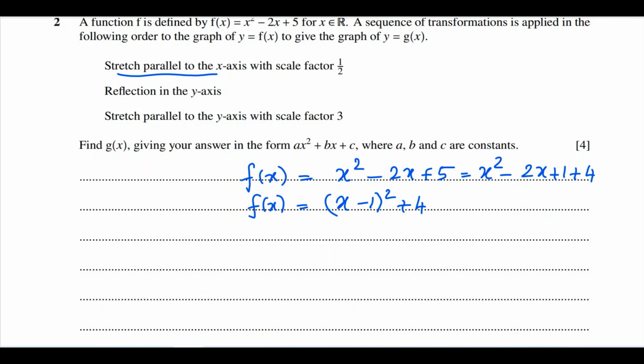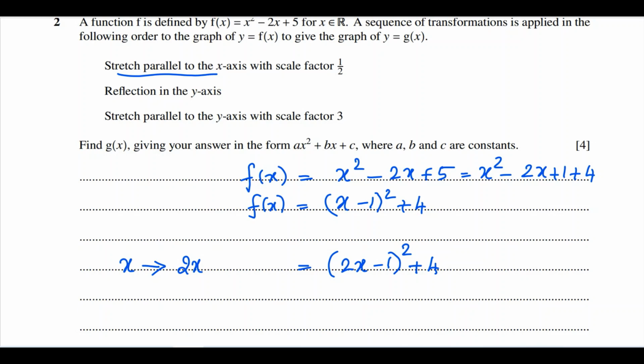That means x will become 2x. So this equation x minus 1 the whole square plus 4 will become 2x minus 1 the whole square plus 4. So after applying the stretching, the equation will become like this.